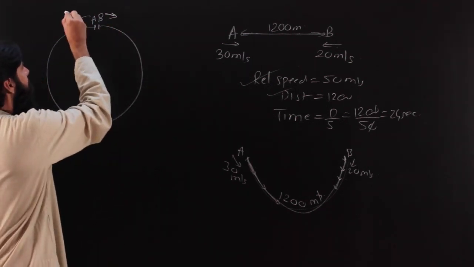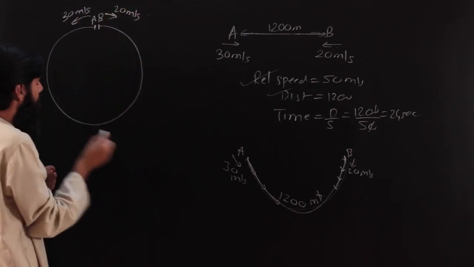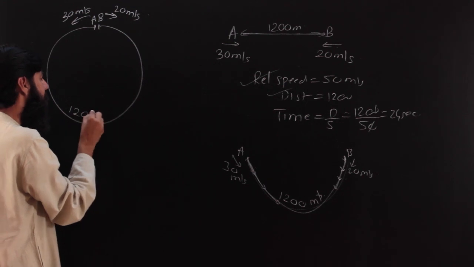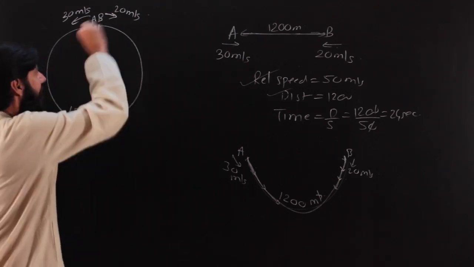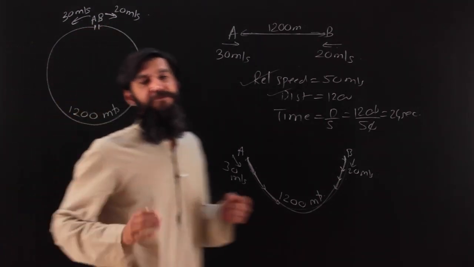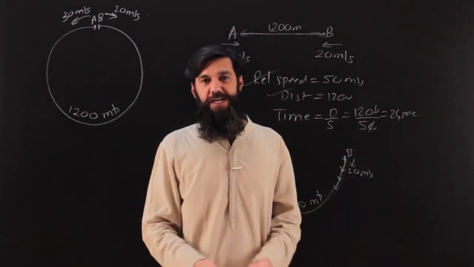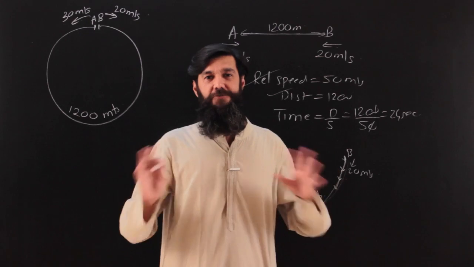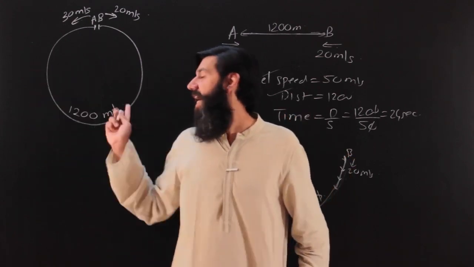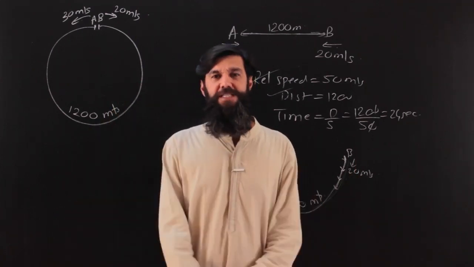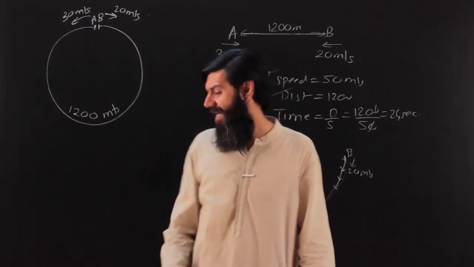A travels at a speed of 30 meters per second, B travels at 20 meters per second, and 1200 is the circumference. We will call it the track length. So this becomes your first standard question. A and B are standing at the same point on a circular track running in opposite directions. So first we'll take up the case of opposite direction, easier to understand. The track length is 1200, and then there could be a lot of questions, most of them based upon the meeting point. So let's solve this now.